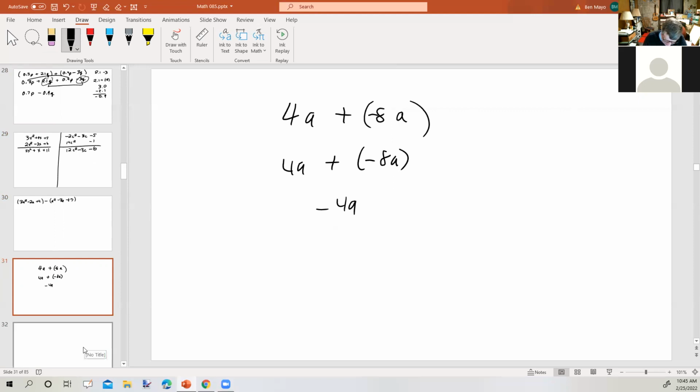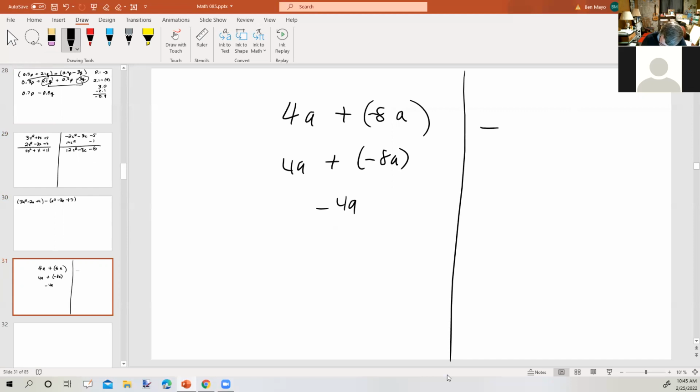But what if we have something like this? A negative sign outside of 3x squared minus 2x plus 7, okay? And I want to change this to addition of the opposite. So the subtraction changes to addition, but then I have to change the sign of each term inside the parentheses. So this becomes a plus, this is a minus, a plus, and a minus.